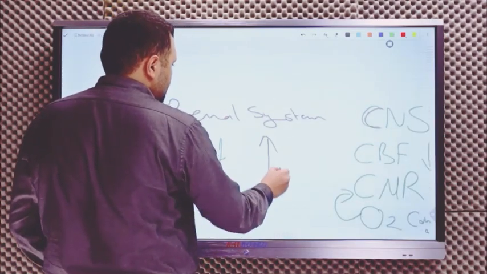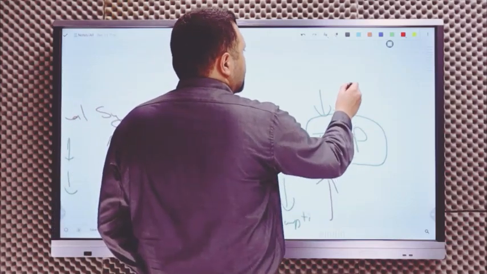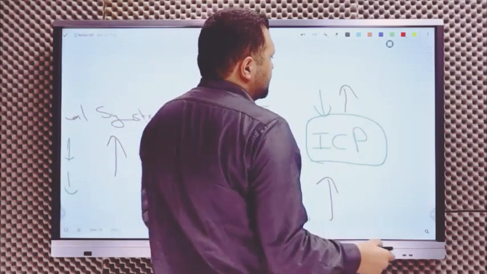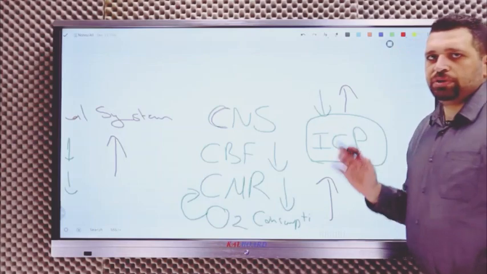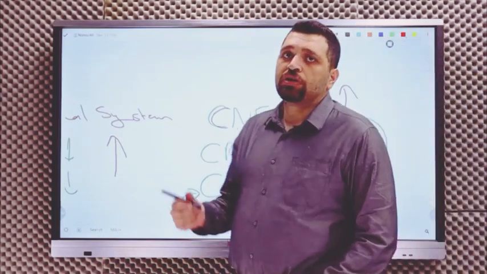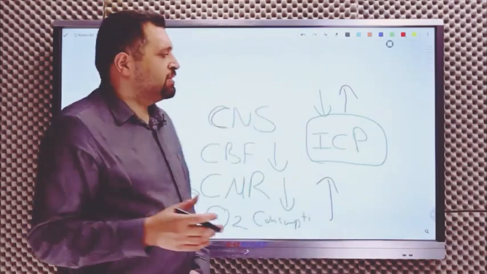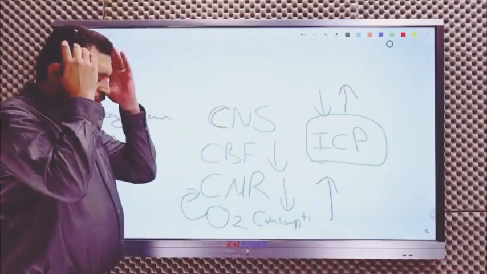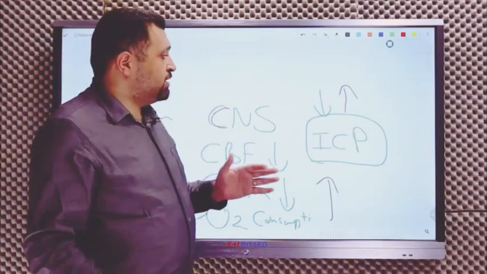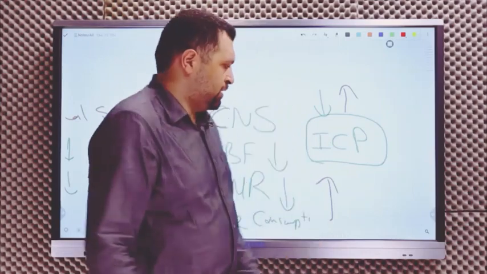And most importantly, it increases the intracranial pressure. Is this important? Yes, this is important. If you have someone who just had head trauma, and most likely he has high pressure inside his cranium, his head, it's not wise to give him ketamine. You should think of something else.